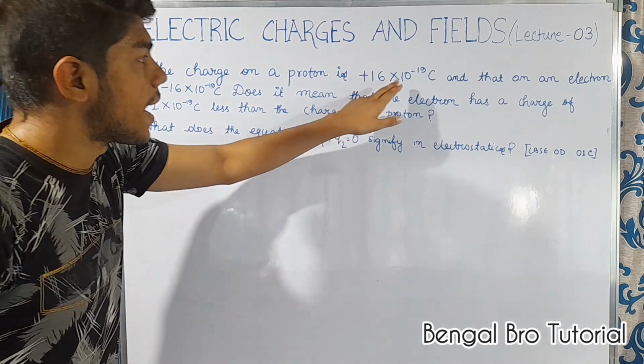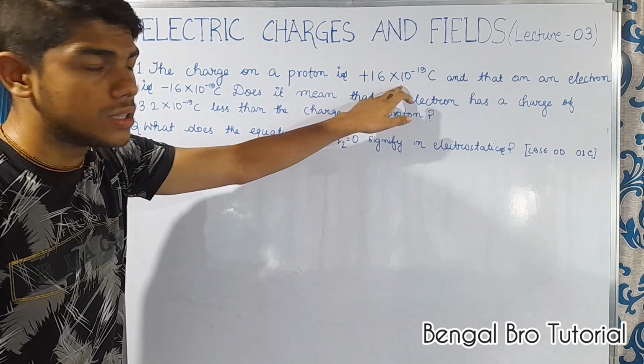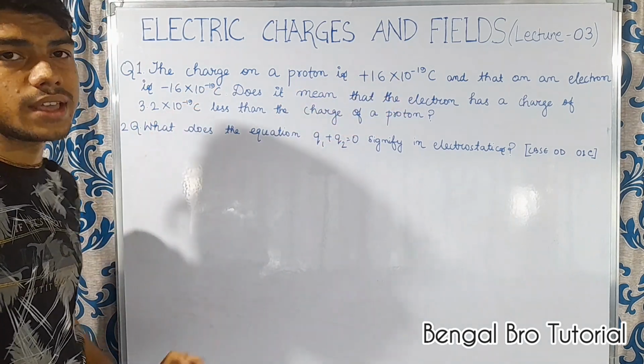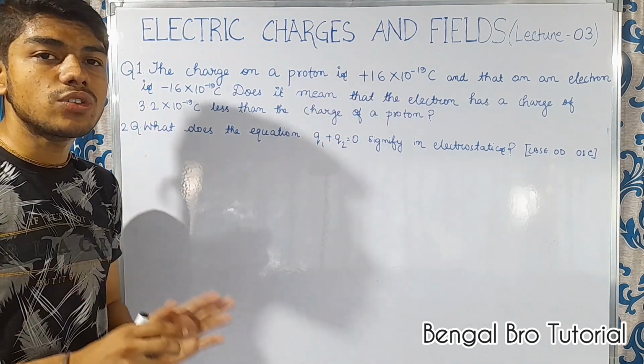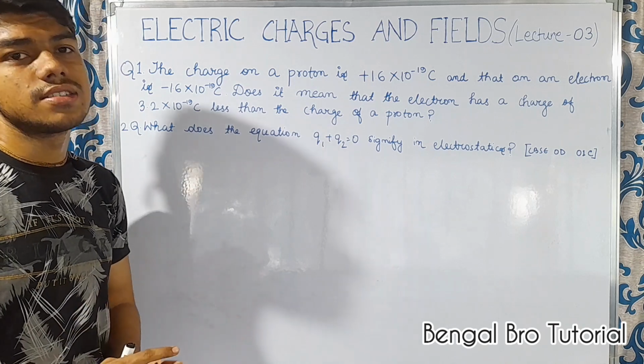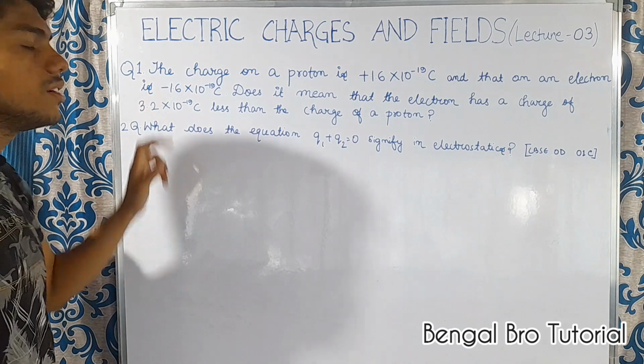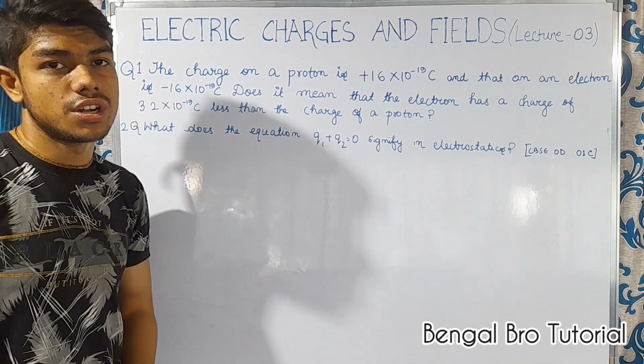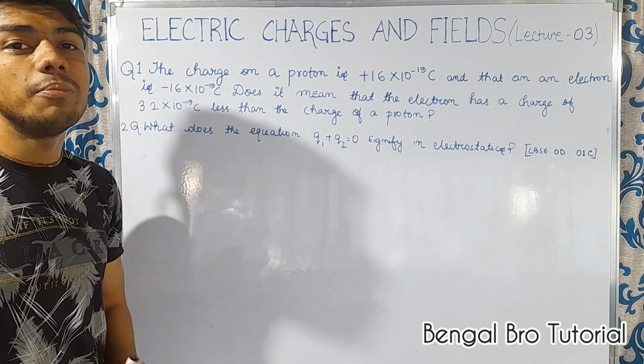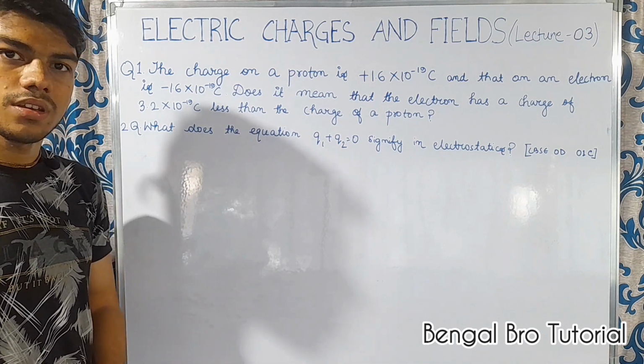Since the magnitude of charge on a proton and that on an electron is the same, it means that an electron and proton both have the same amount of charge. The positive and the negative sign only denotes their opposite nature, which means they have completely opposite behavior.